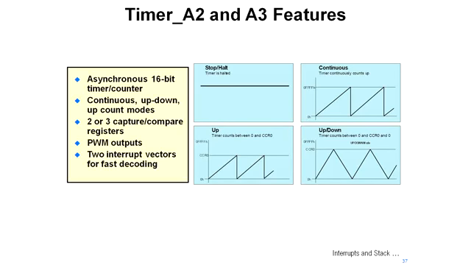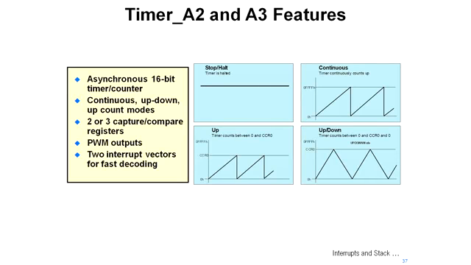That's of limited help to you, as the amount of time that it takes to run isn't very selectable. Now, in the up mode shown in the lower left, the timer counts between 0 and the value in the capture compare register 0. So you can pick the time at which the interrupts are going to occur.